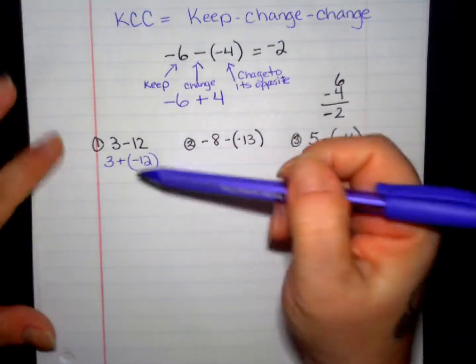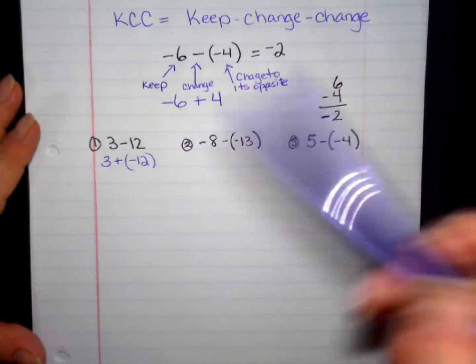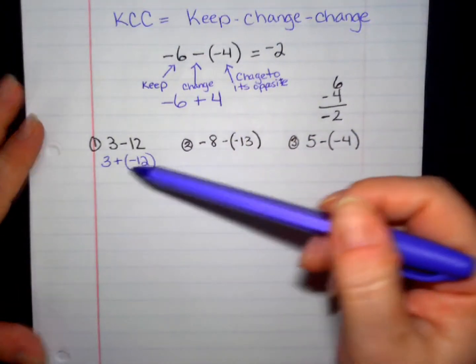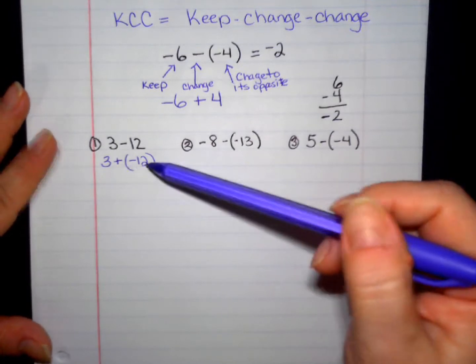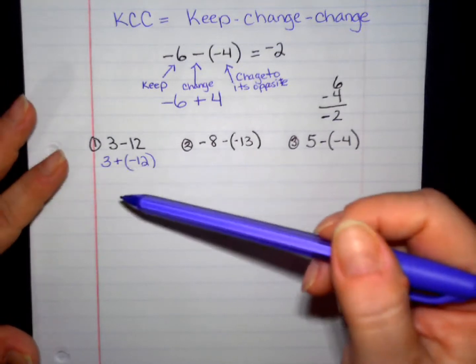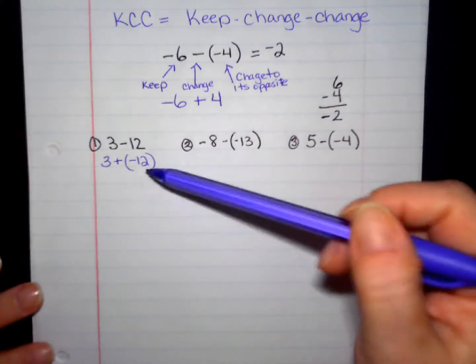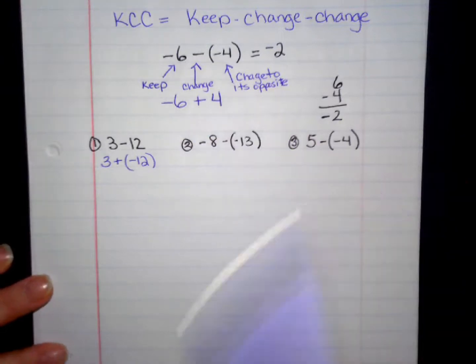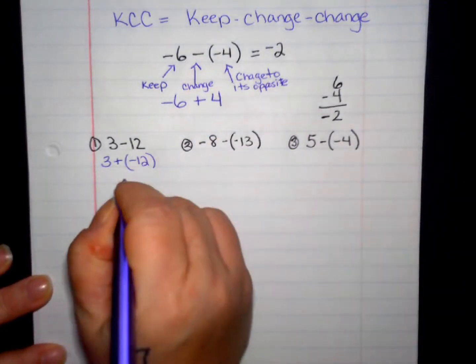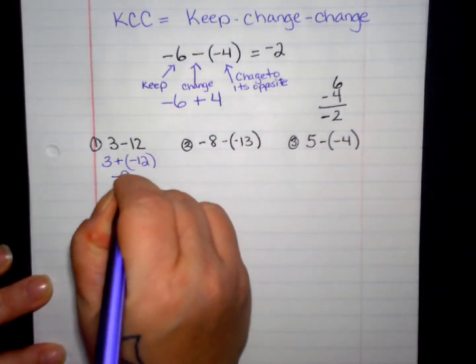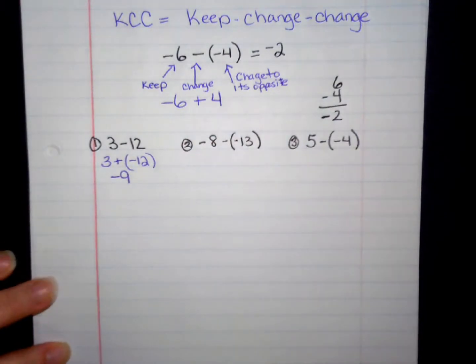We just subtract the smaller number from the bigger number. Remember, in addition, you subtract the smaller from the bigger, and then you use the sign of the bigger number. Okay, so 12 minus 3 equals 9. And 12 was the larger number, so I use the negative, sorry.